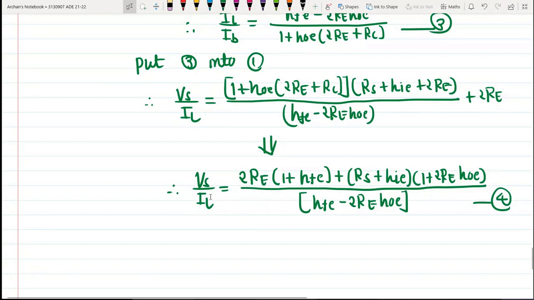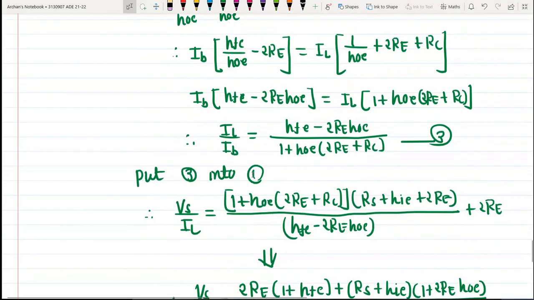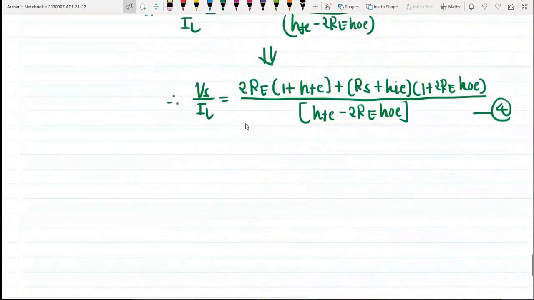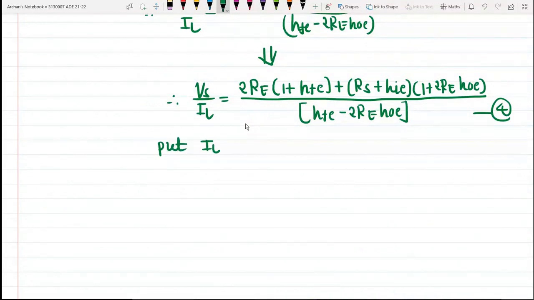Okay, now we have the value of IL now. Okay, so if we put this value of IL in this equation, equation number 2, then we will be able to get the V0 and Vs. Okay, and the ratio of V0 by Vs is nothing but the gain of the circuit. Okay, so put IL into equation number 2.